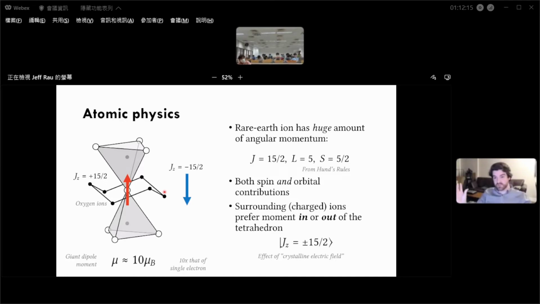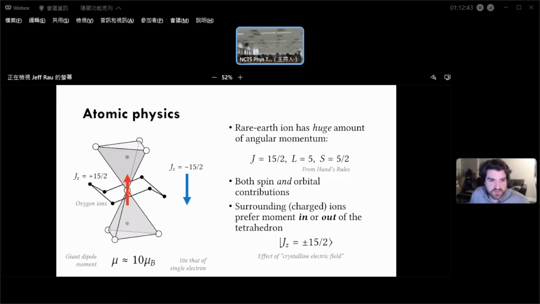That splits that 2J plus 1 degeneracy, which in this case would be a 16-fold degeneracy, and breaks it up into individual levels. And so for dysprosium titanate, that crystalline electric field, mostly generated by the surrounding oxygen ions, actually prefers the states with the largest amount of angular momentum along the local z-axis. Okay, so here, this is the local environment of one of these ions.